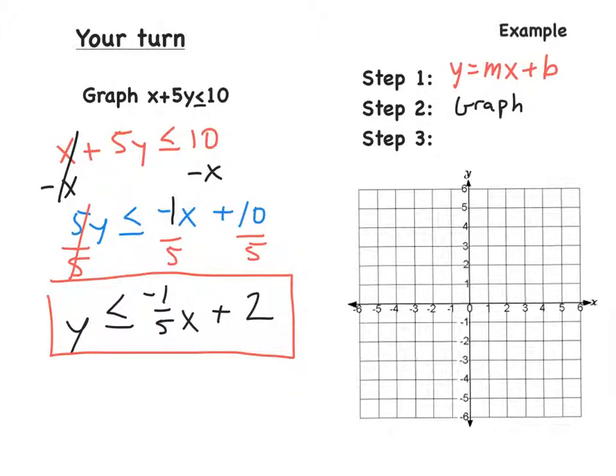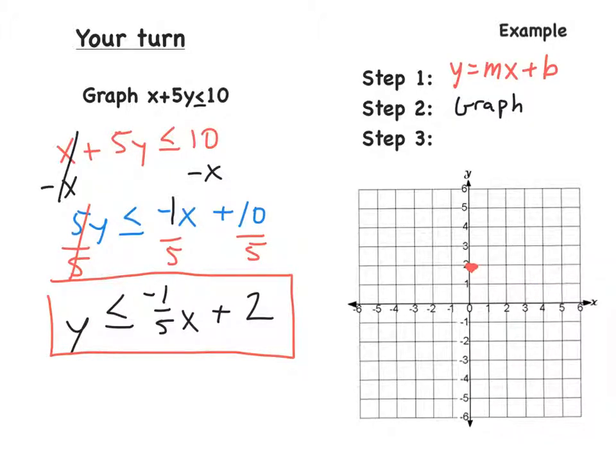Step 2. Graph that line. So the y-intercept will be at 2. From here, the slope is negative 1/5. So we start at the y-intercept, go down 1, to the right 5. 1, 2, 3, 4, 5.